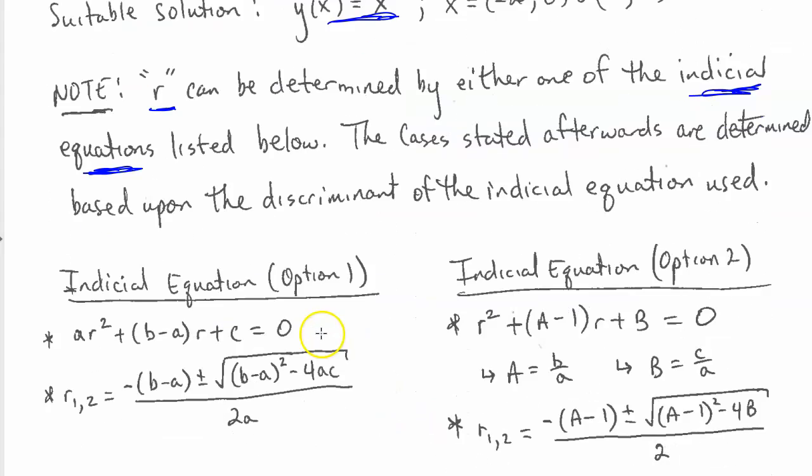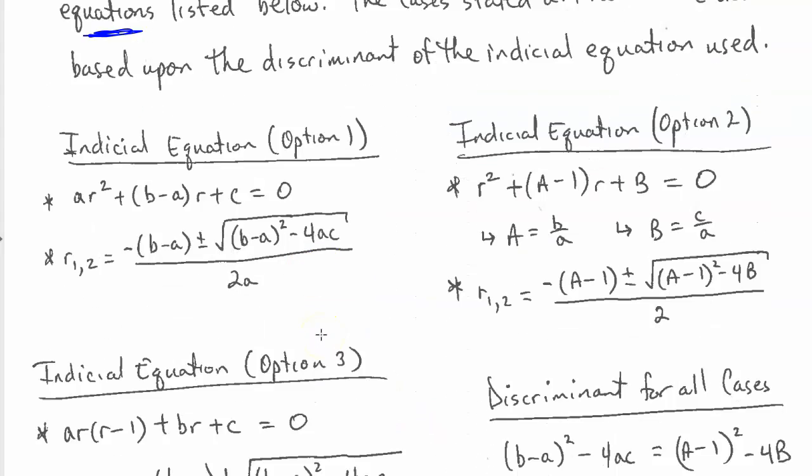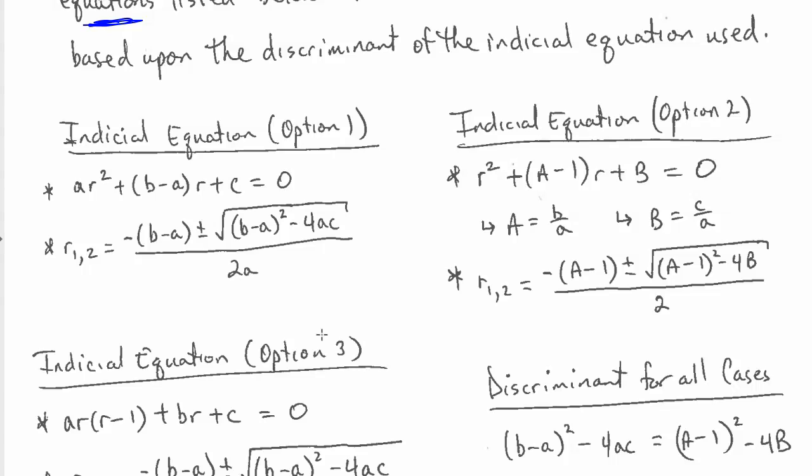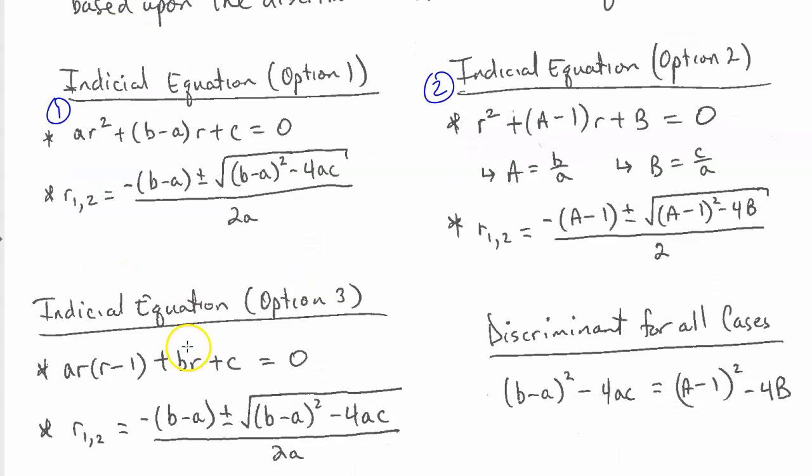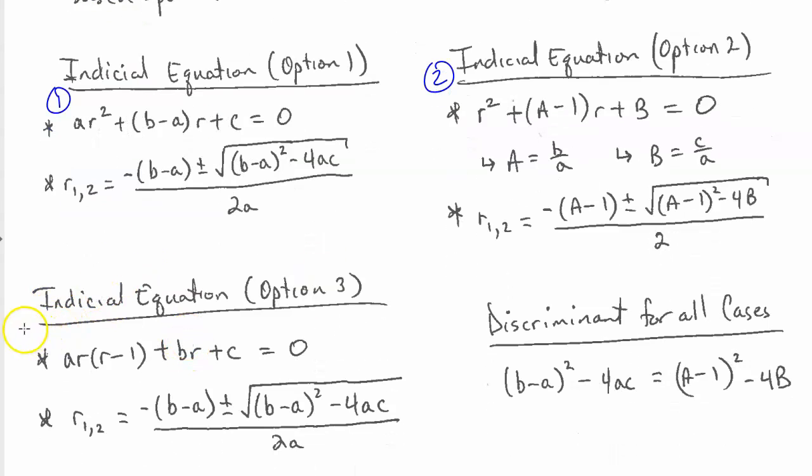If you remember, we have three different ways of expressing this particular indicial equation. When we first encountered this, we saw it in this way and this way. And when we went through the reduction of order process, we actually saw it this way.